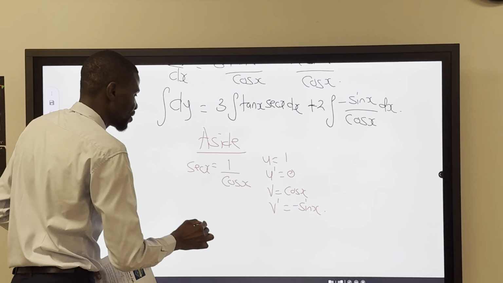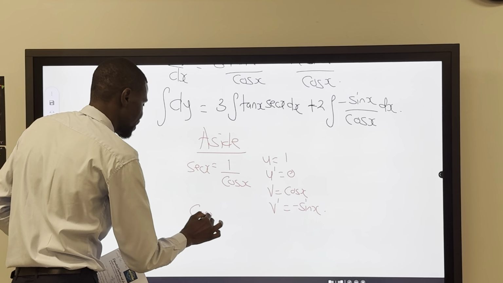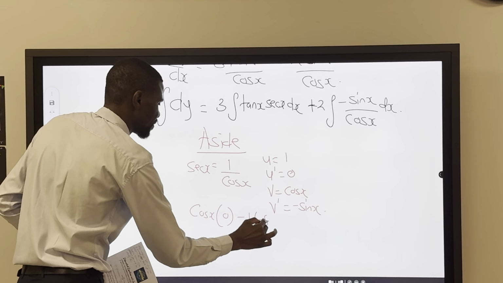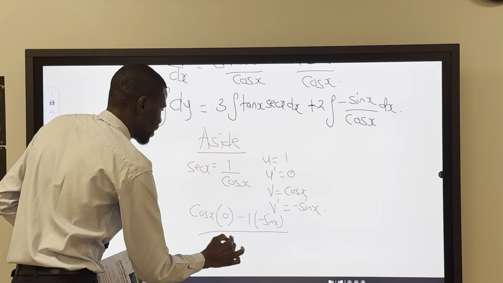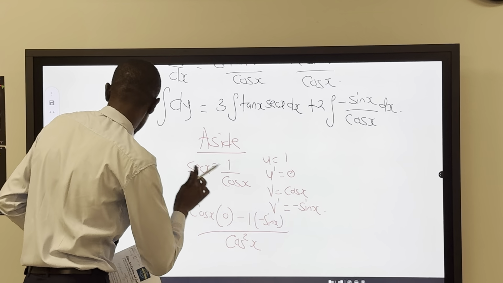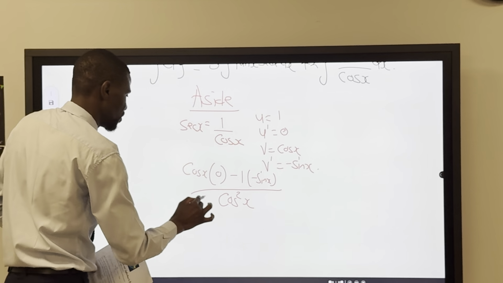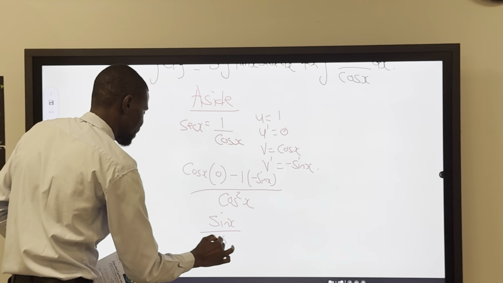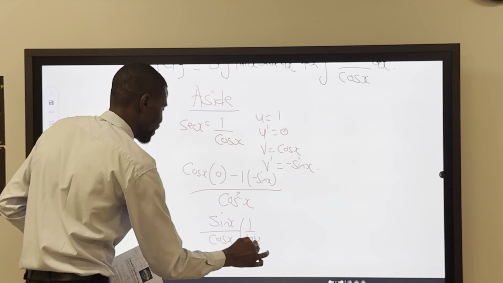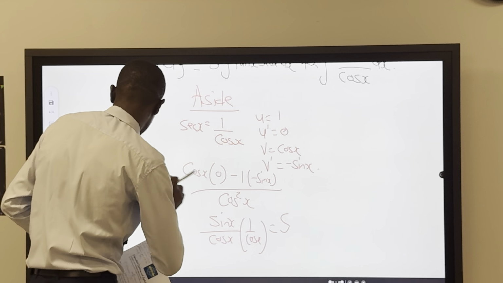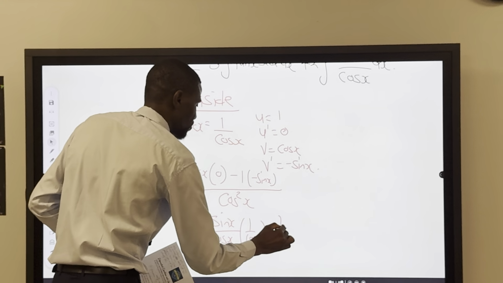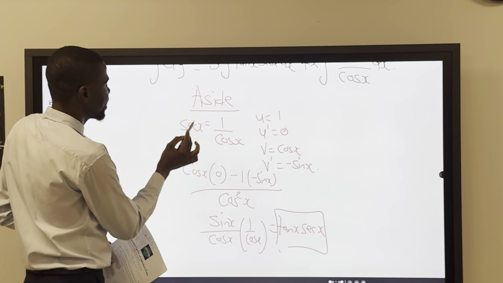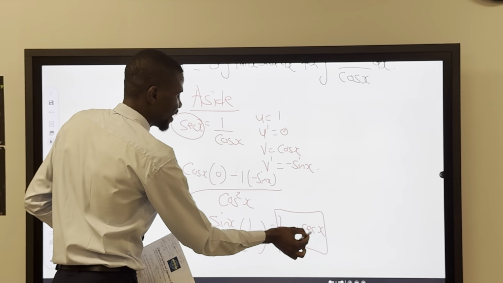So if I use the quotient rule, it's v du, so it's going to be cos x times 0, minus u, that's 1, times dv, negative sine x, over v squared, cos squared x, right? Which simplifies to sine x over cos x times 1 over cos x, which is equal to tan x sec x. So, if we differentiate sec x, we get tan x sec x.